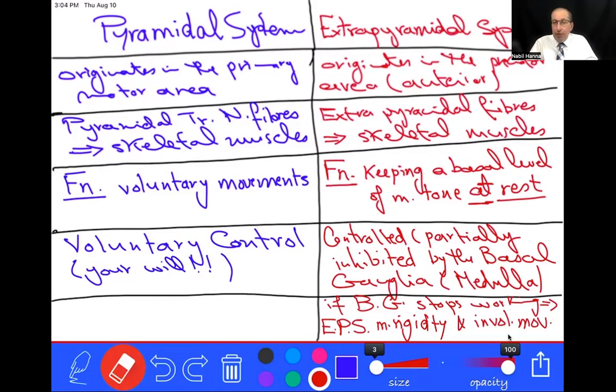Okay, so this table actually will be very helpful when we come to the discussion of Parkinson disease, and it's very helpful to have these differences clear about the pyramidal system and the extrapyramidal system, and that will be enough for this segment.